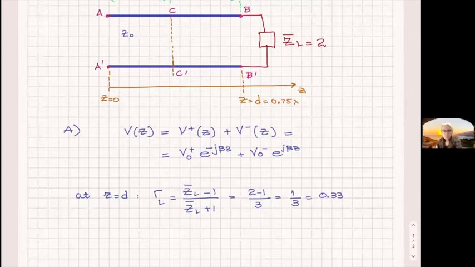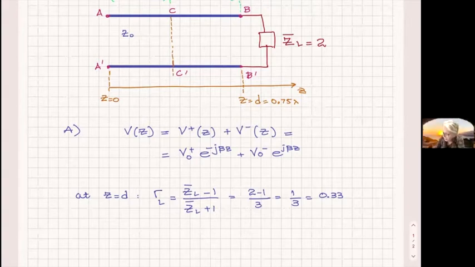No, the equation is correct. Yeah, I know, but because we're trying to find the voltage difference, correct? Between the two lines. Oh, between A and A prime, that's what you mean? Yeah. Okay, that's the voltage difference.